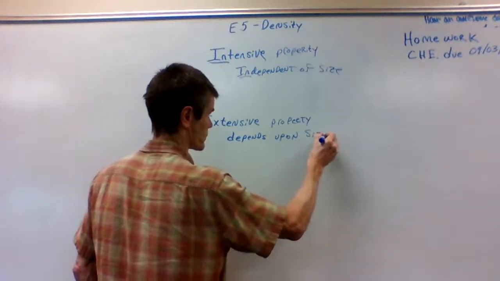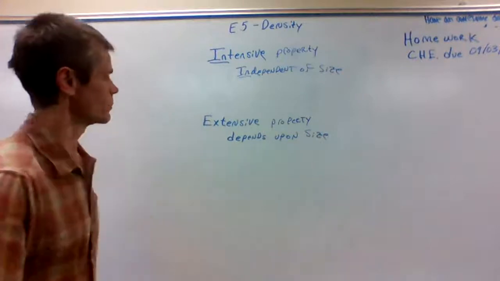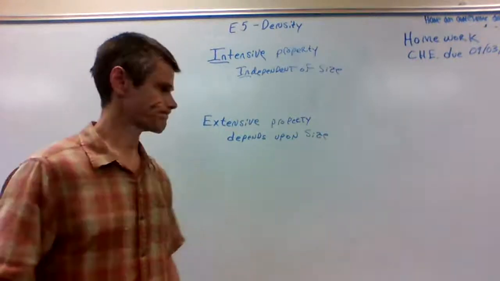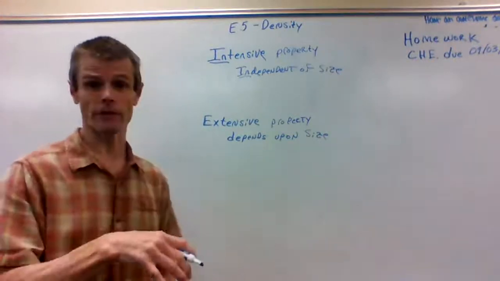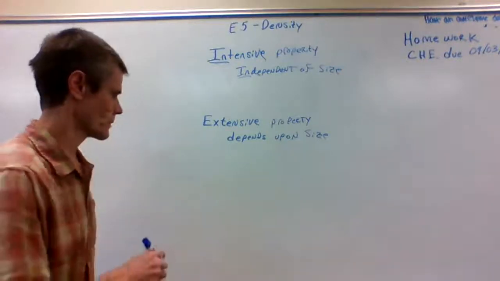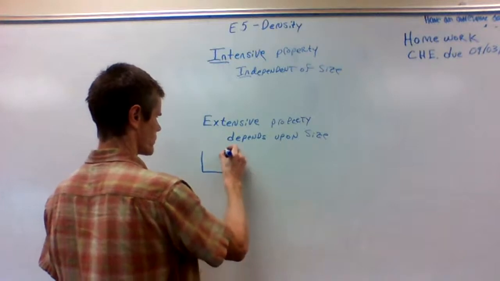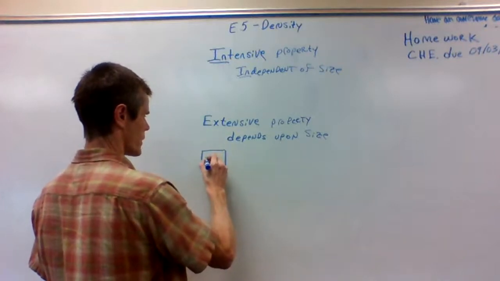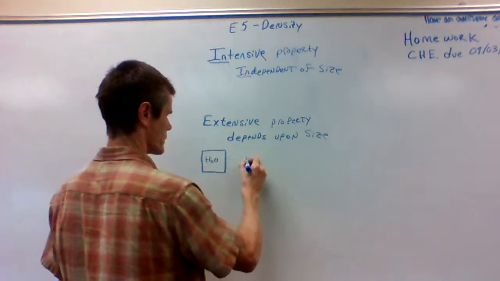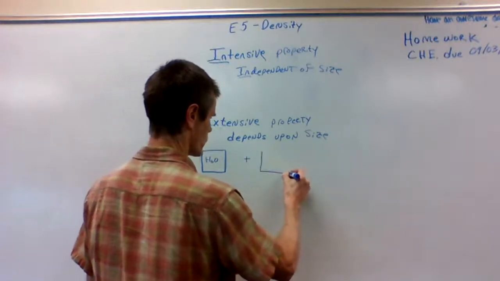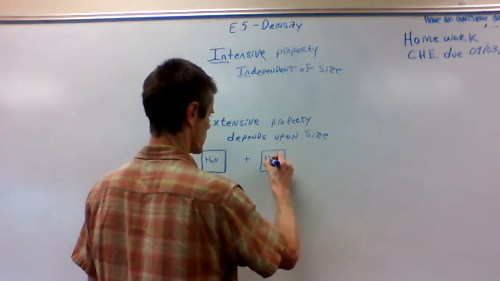So, a simple example of how we can recognize an intensive or an extensive property. We're going to take 2 beakers full of water. H2O is how we represent water. The chemical symbol of water is H2O.